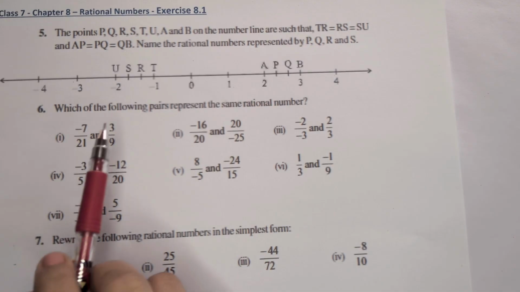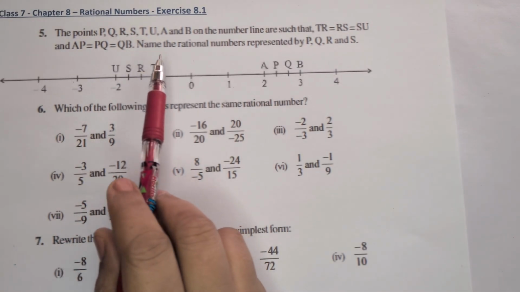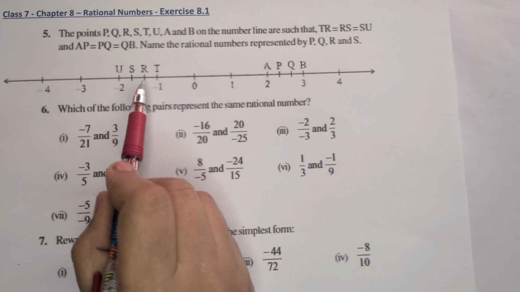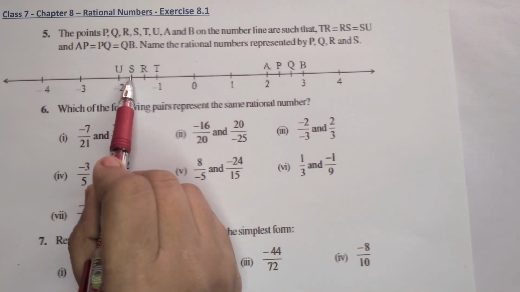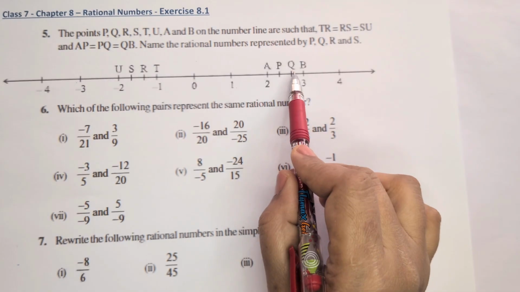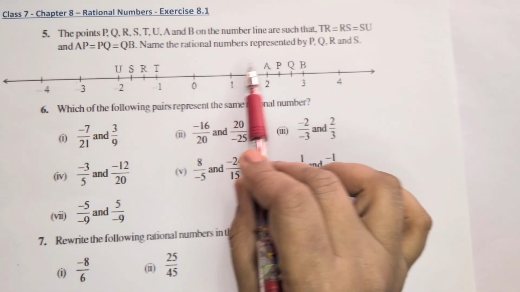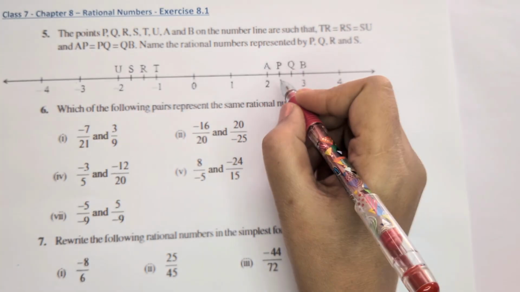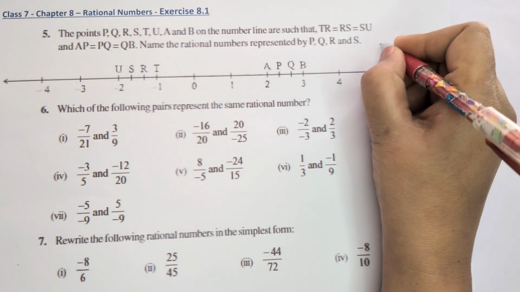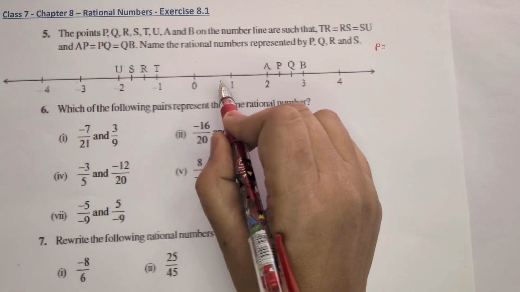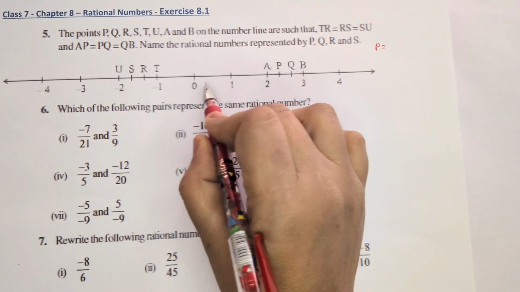Now question number 5. P, Q, R, S, T, U, A and B are on the number line such that TR is equal to RS is equal to SU and AP is equal to PQ is equal to QB. Name the rational numbers represented by P, Q, R, S. So here P, from 0 we have to look at where the position of P is.